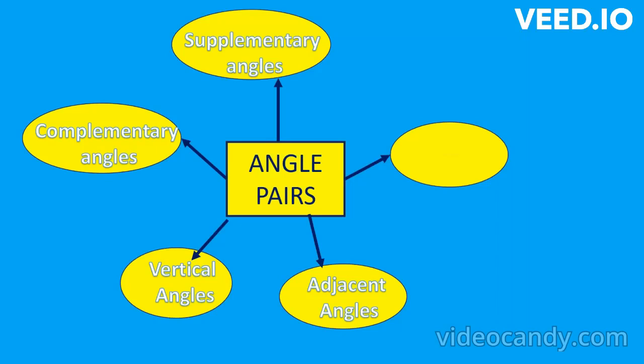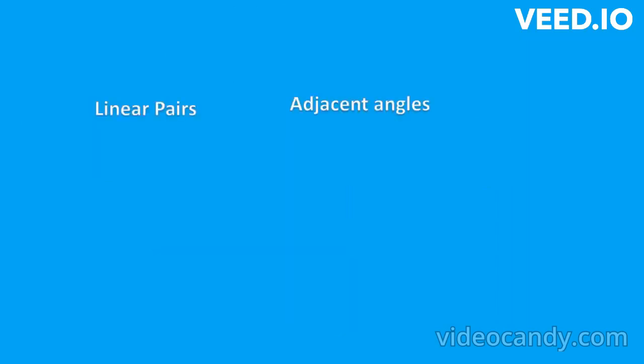Now let's learn about linear pairs. Linear pairs are nothing but adjacent angles, but only with one condition, that they should add up to 180 degrees. Let's take an example here. We have a line here. Another line is intersecting this line.